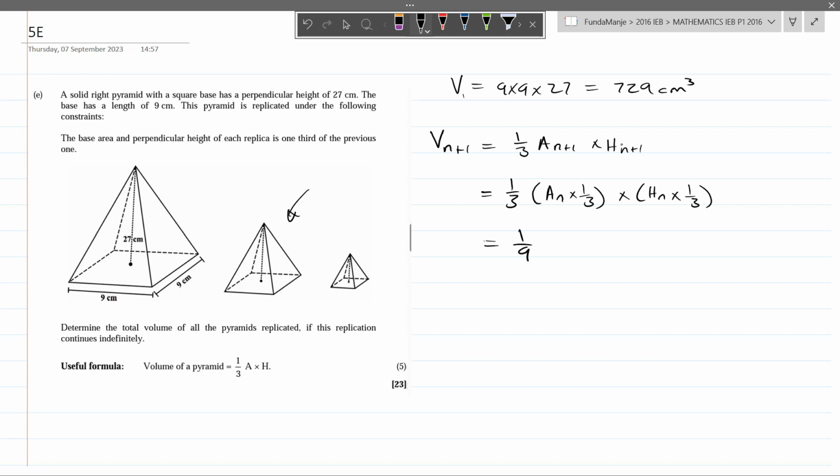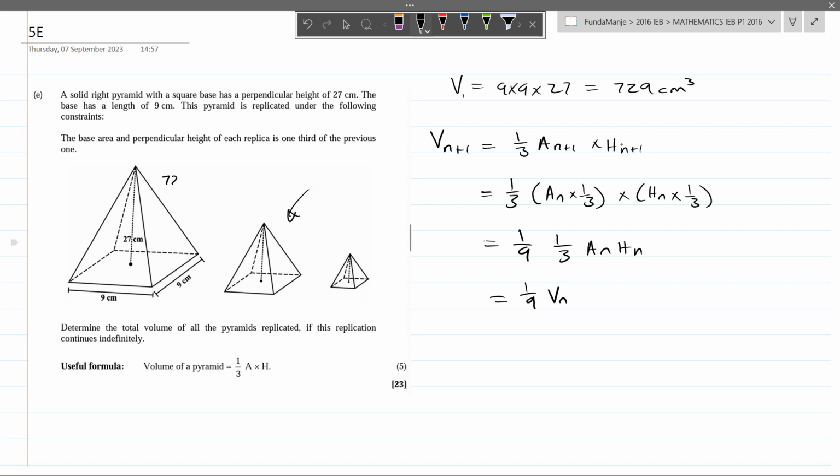And then we are left with 1/3 A_n H_n, which is just the volume formula. So this is just going to be V_n. So we can see that to get the consecutive volumes, we just need to divide the previous volume by 9.